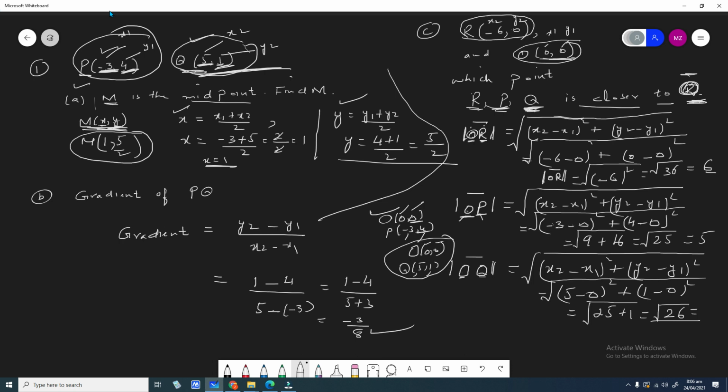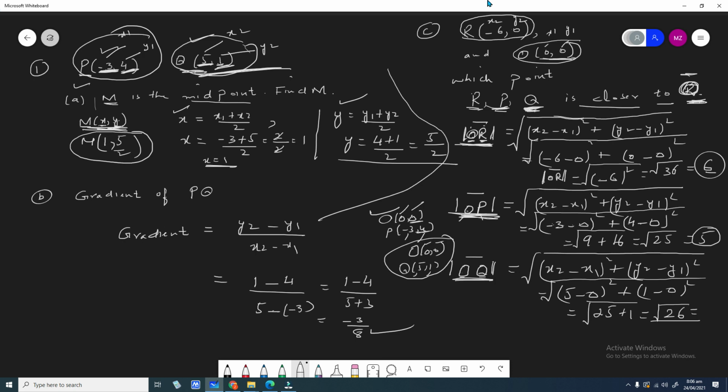So the distance between O and R is 6, the distance between O and P is 5, and the distance between O and Q is a little bit over 5. So from these three values, that is OR, OP and OQ, which is the greatest value? Certainly 6 is the greatest value.